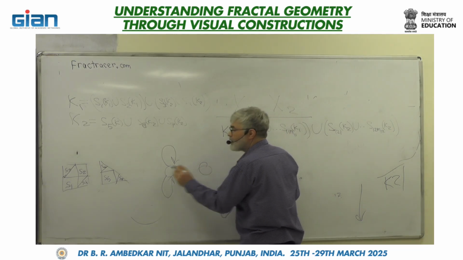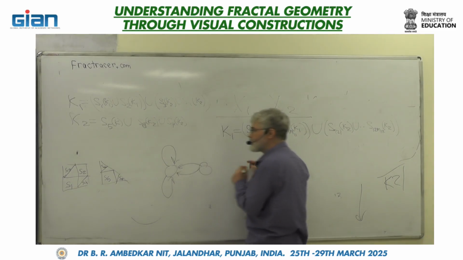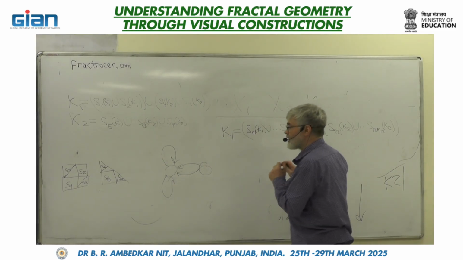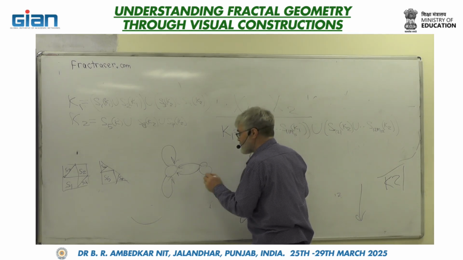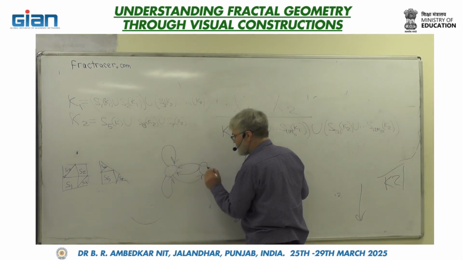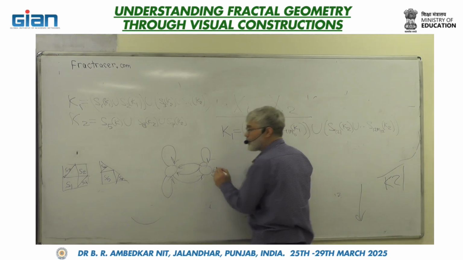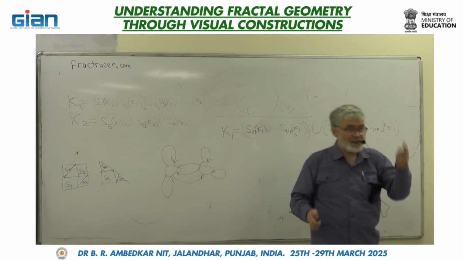Then we have two maps from the second space to the first space, right? Then we have one map from the first space to the second space, yes, and we have two maps from the second space to itself. So we have a directed graph.